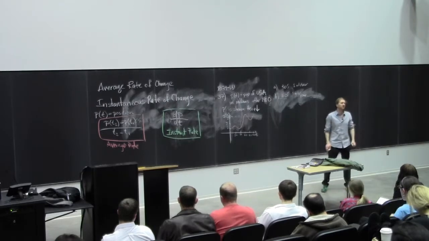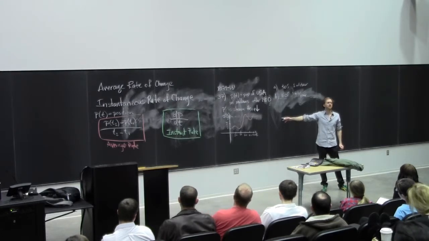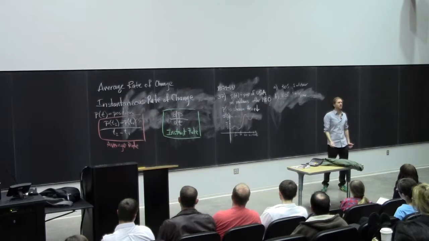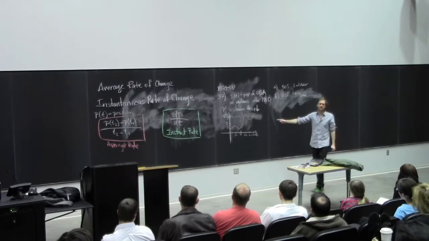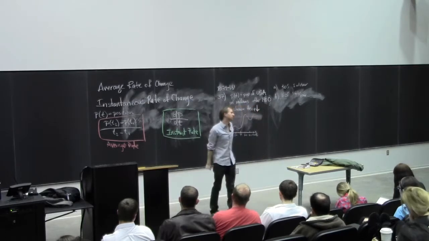All right. C, what year, if any, was the population decreasing? Was the population ever decreasing here? What's this a plot of? The derivative. And the derivative is positive, so the population was always increasing, right?